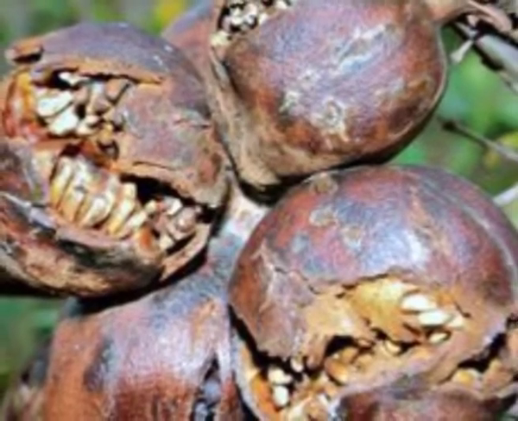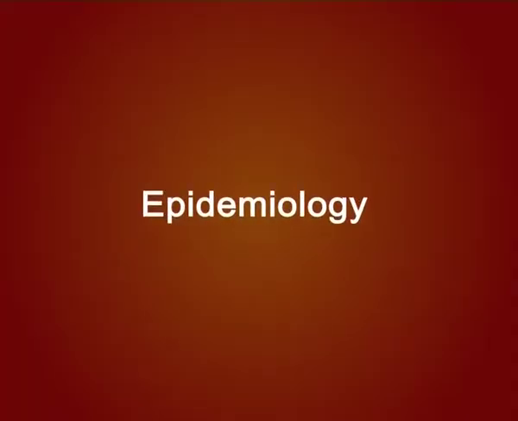Now let's see the epidemiology of the disease. The primary source of inoculum is infected cuttings. Secondary source of inoculum is wind-splashed rains.